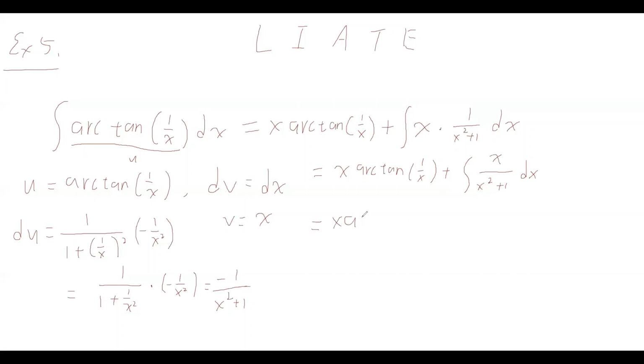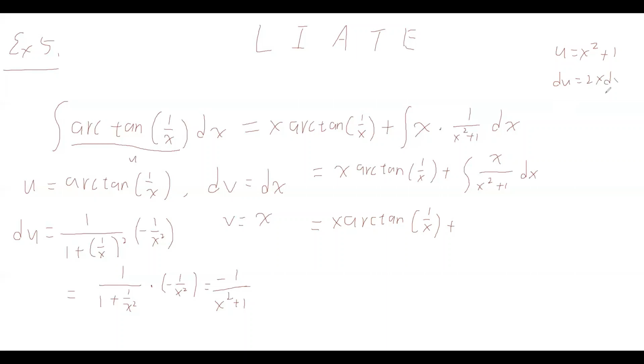So that's going to be x arctangent of 1 over x plus, you know what, I'm going to do u-sub to make this a little nicer, a little quick work on the side. So let u be x squared plus 1.